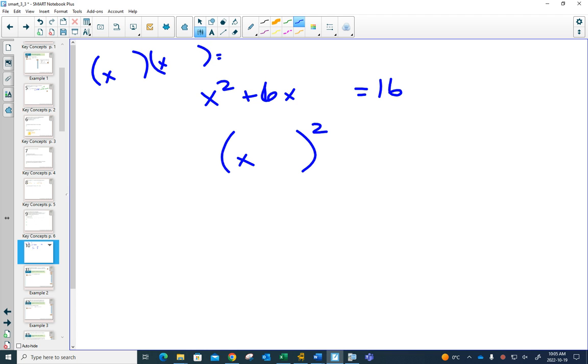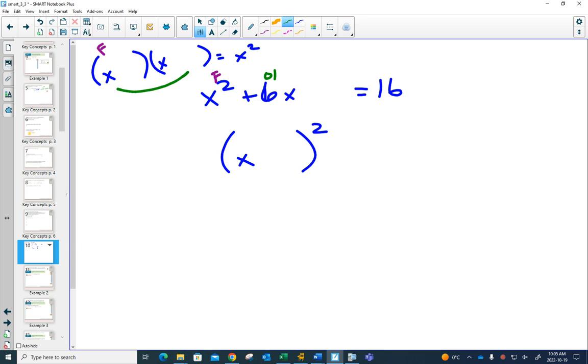Can you see that if you have an x and x from our factoring, the first ones would definitely give us an x squared? There has to be something, I like color coding, with the same number here and here, so your outside and inside.